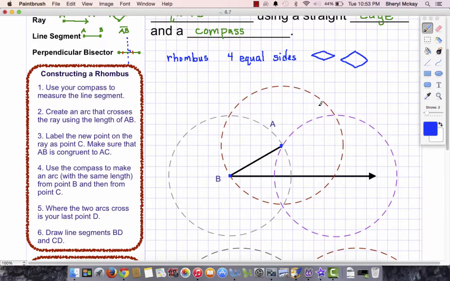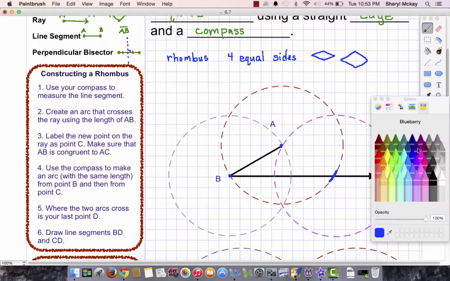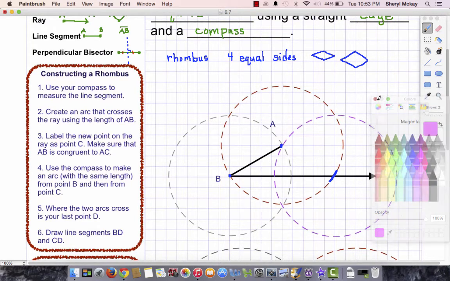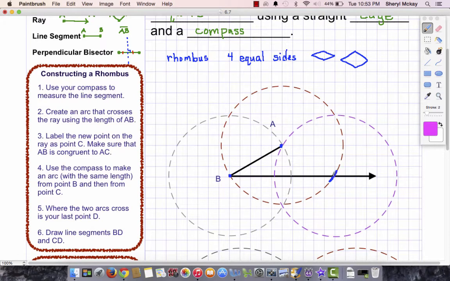You do not have to go all the way around and make that red circle. What you're really looking to do is cross your ray right there. And where it crosses is where you're going to create your point C. So it crossed right there.